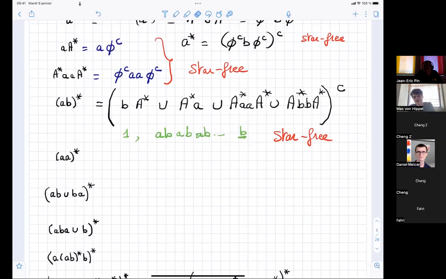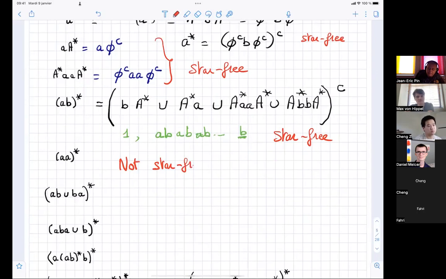It can't have a B and it can't have an odd length, right? Yes. Actually, you're right. We will see, because it's not easy. It's not so easy to prove that this language is not star-free. Yeah, because odd length is very hard to encode, right?